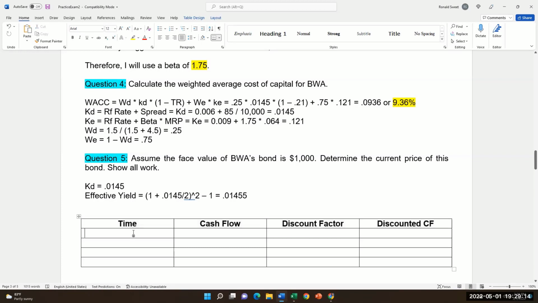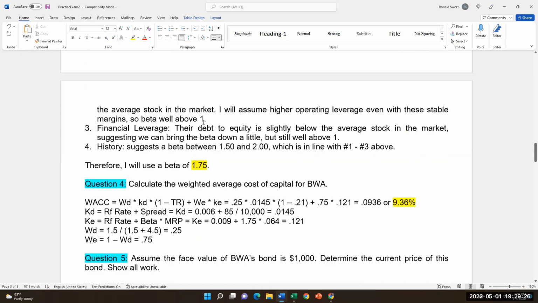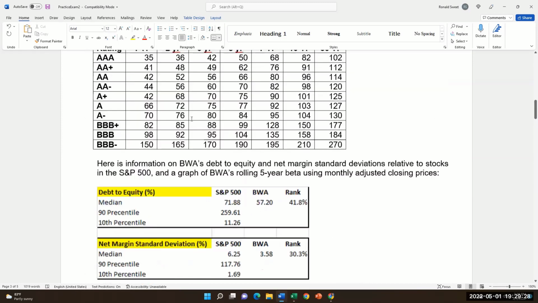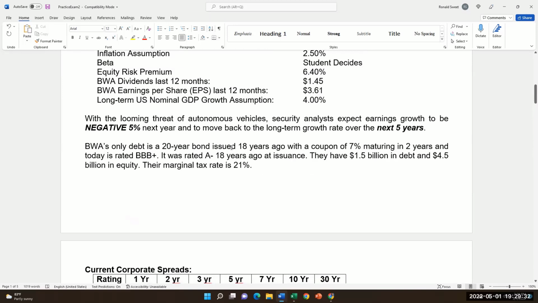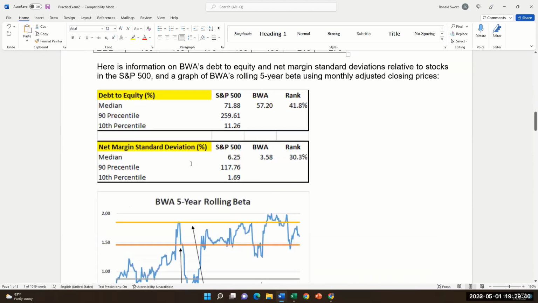So time, we know bonds pay every 6 months. We know this is a 2-year bond. So here's our time, our cash flow. It's a 20-year bond issued 18 years ago, that's when it's 2 years, it's 7%. So 7%, remember your cash flow.